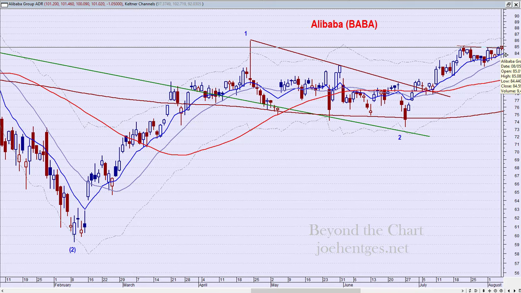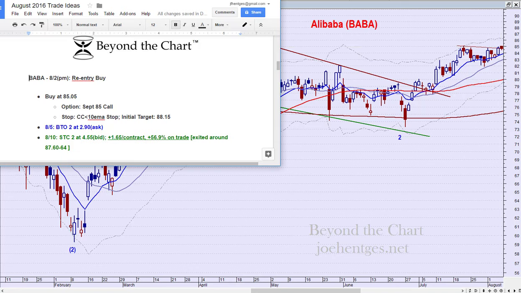The high was 85.08, and the entry was at 85.05. So on the 5th, bought to open at $290 on the option contract at the ask. I always show in here for conservative purposes buying at the ask and selling at the bid.